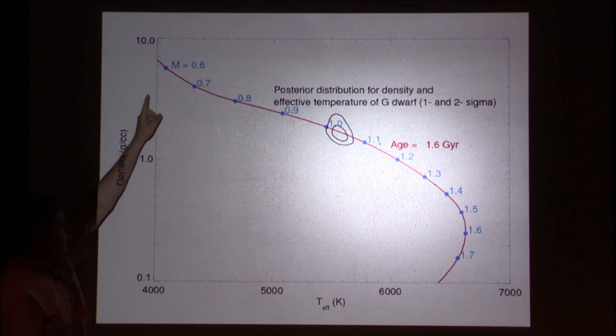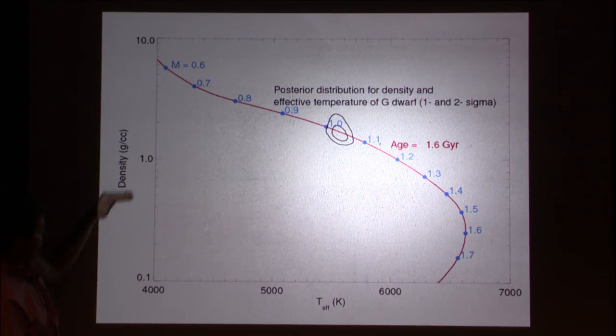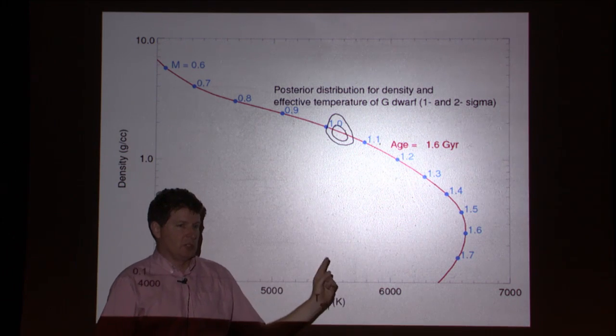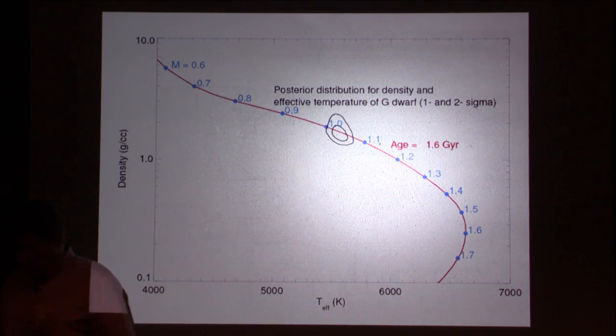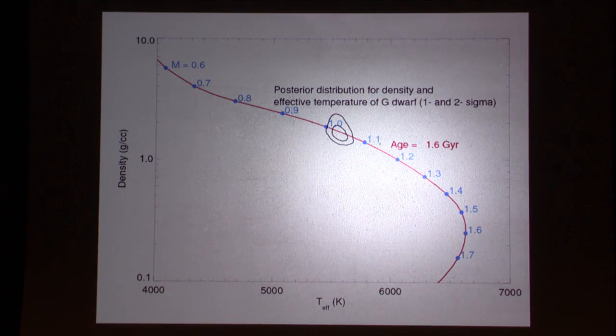So I assumed a Padova isochrone, and this is density versus effective temperature of the G star. I've assumed a mass-radius relation for the white dwarf. So with that mass from the lensing, I then estimate its radius. And then from the depth of secondary eclipse, that gives me the temperature of the white dwarf.